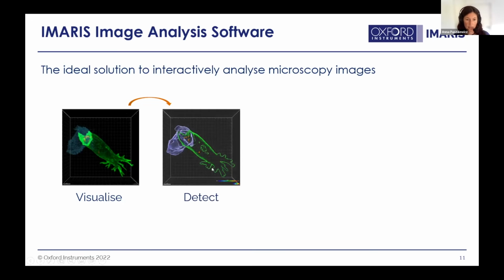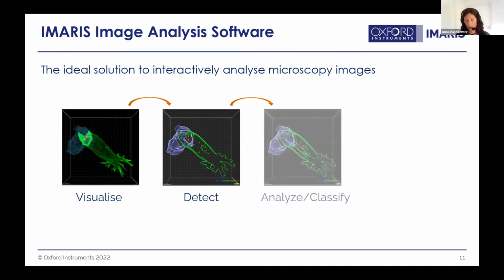So Imaris enables you to detect various models using different methods, including machine learning, pixel classification, and models dedicated for structures such as filaments or vessels. But also, the software enables you to analyze all the parameters of the detected objects and classify them.